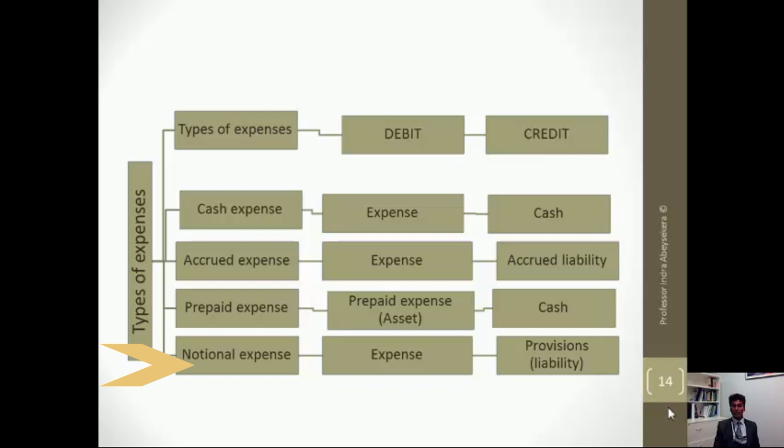So we debit expense for that period. Maybe the customer has not come yet to rectify the defect, but we have provided for it based on the past history of these products and services. It's an estimate.